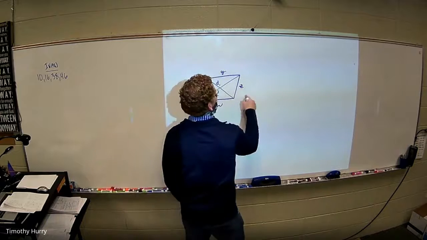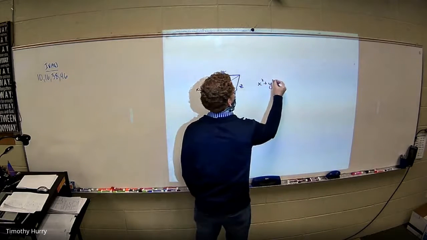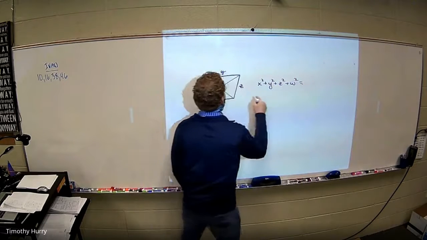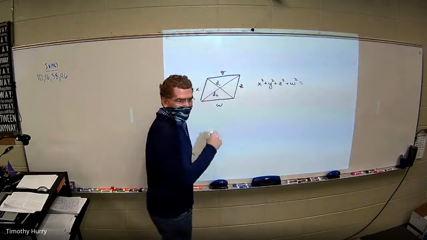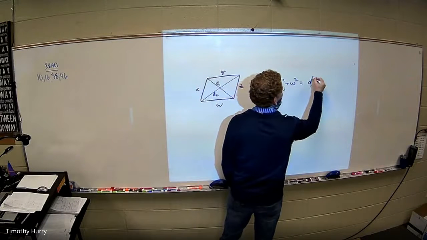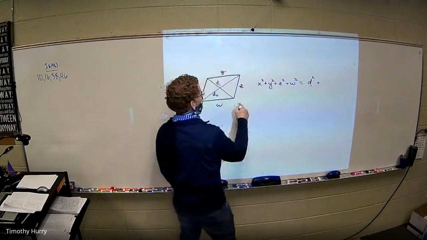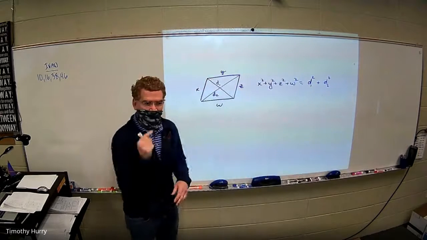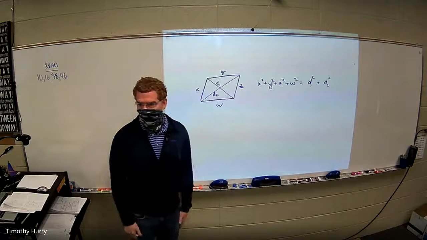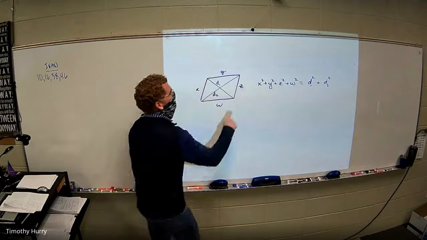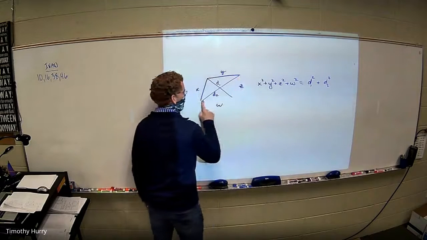Yes, it just so happens that X squared plus Y squared plus Z squared plus W squared is equal to the first diagonal squared plus the second diagonal squared. And the great part about this rule is you can use it all the time when you're given triangles.